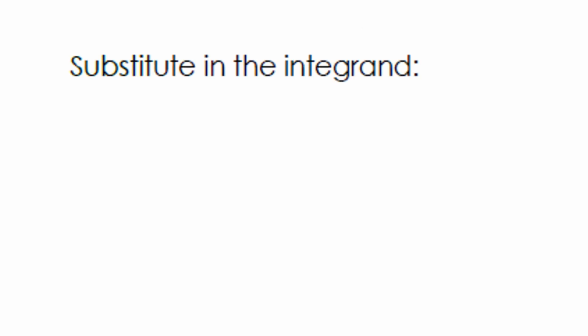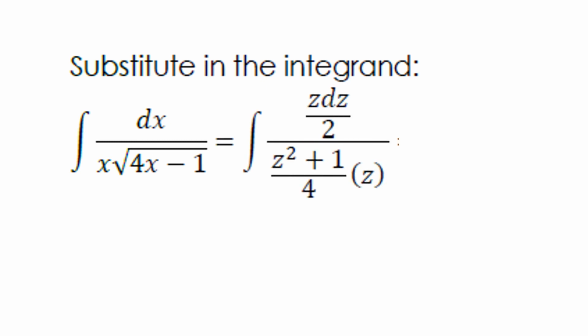Substituting into the integrand, the integral of dx all over x times the square root of 4x minus 1 becomes the integral of z dz all over 2 all over z squared plus 1 over 4 times z. If we simplify this, it becomes the integral of 2 dz all over z squared plus 1.